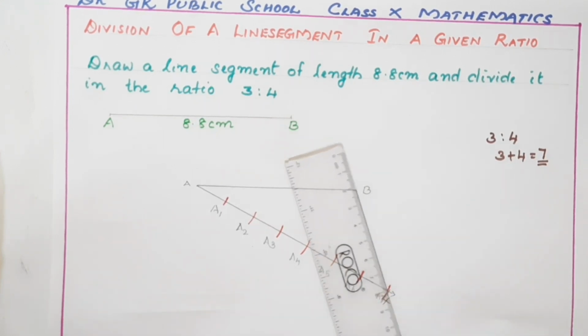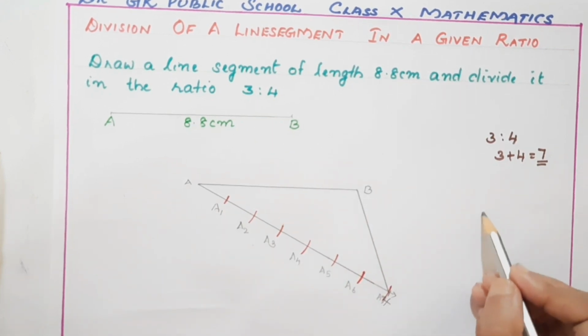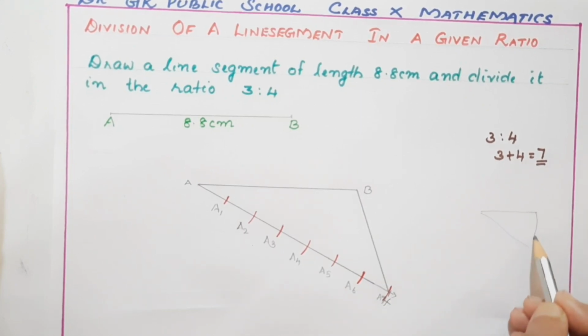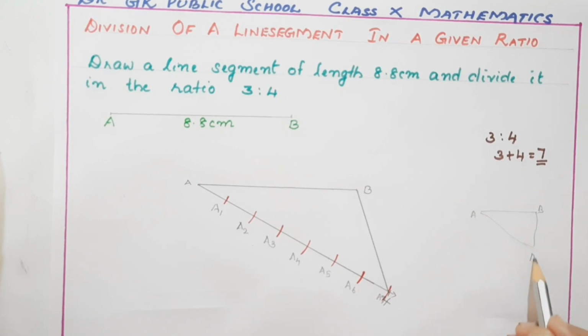Okay, children. Now we got a triangle A, B, A7, isn't it? Here you are getting a triangle like this. A, B, A7.